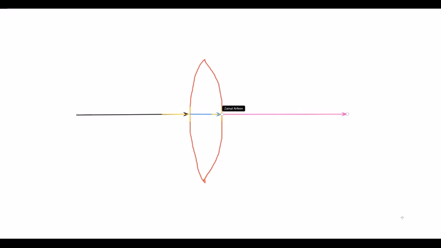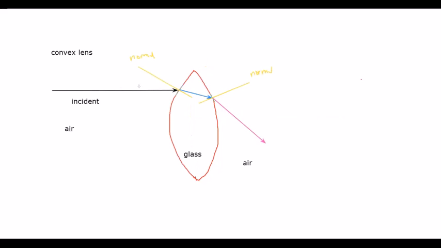But in the previous example, the light was not passing along the normal, it was making a certain angle with the normal. So when it makes a certain angle with the normal, moving from air to glass, it will bend towards the normal, and moving from glass to air, it will bend away from the normal. Is it clear? That is the refraction in a convex lens.